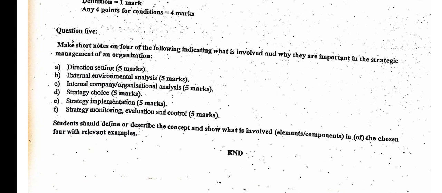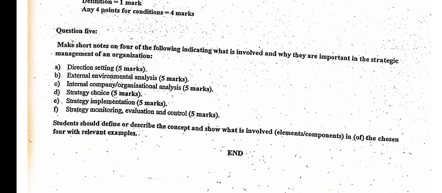Then question 5, make short notes on 4 of the following, indicating what is involved and why they are important in strategic management of an organization. Direction setting, you talk about the vision, mission, goals, and objectives. Then external environment analysis.